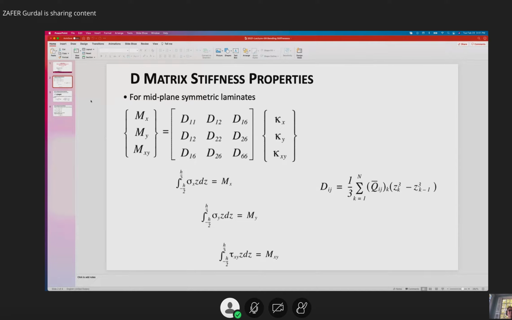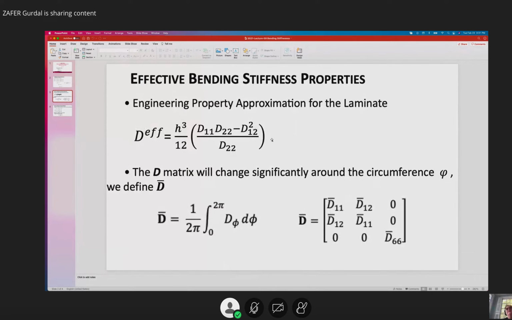Now, in the elastic modulus case in plane, we did an approximation coming with the effective moduli for the laminate. We called them E effective: Ex effective, Ey effective, Gxy effective, and nu xy effective. In the case of the matrix, you can do something like that. This would be incidentally Dx effective.